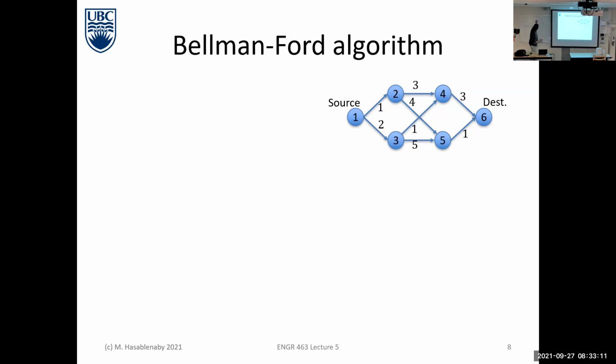Okay. So 3 to 4 would be 1, which is the cost from node 3 to node 4, plus the path cost from node 4 to the destination, which is infinity.